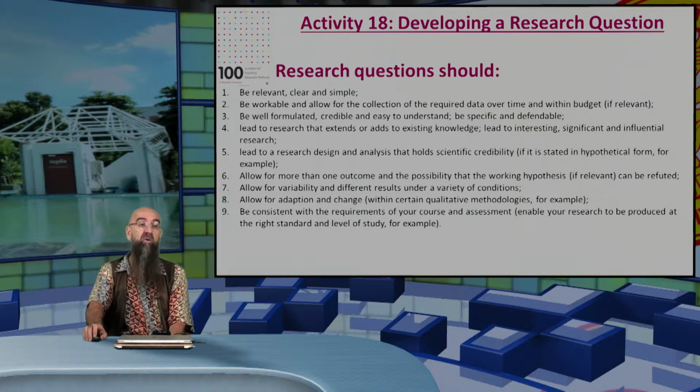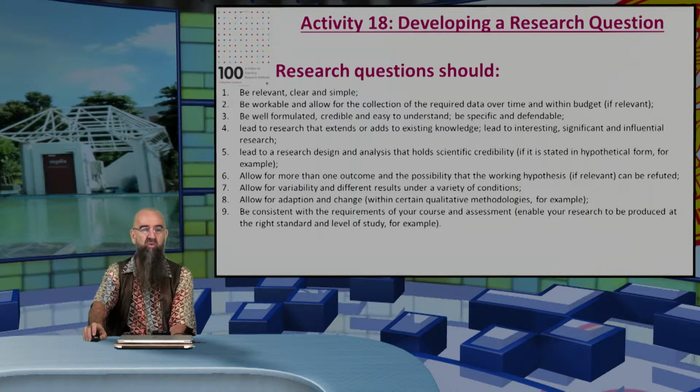It should be relevant, it should be clear, and it should be simple. There is nothing wrong with short, clear, and simple when it comes to doing ethnographic research. It should be workable and allow for the collection of the required data over time and within budget.